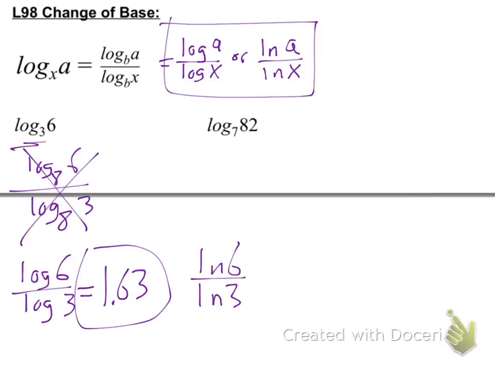Try that once. You should still get 1.63. It doesn't matter. And if you did have log base 8 on your calculator, you would still get 1.63. It's a beautiful thing.